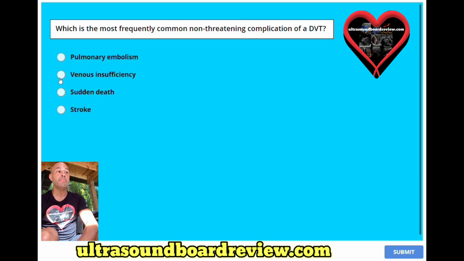The answer is B, venous insufficiency. Make sure you pay attention to your questions and how they're worded, because this is saying non-threatening complication. Obviously, the most common life-threatening complication would be a pulmonary embolism.